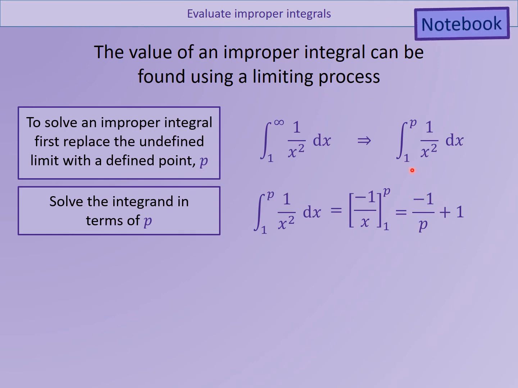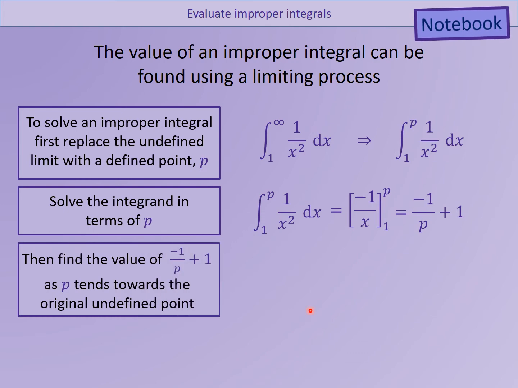Right, so at this stage, we're going to say what happens as P tends towards whichever limit we're looking at. In this case, it's infinity. So we're looking at what happens as P tends towards that unbounded limit. As P tends towards infinity, what happens to minus 1 over P plus 1?